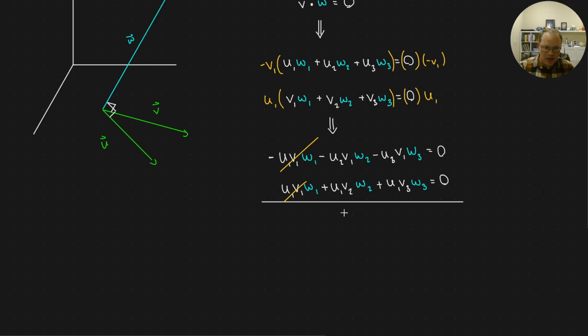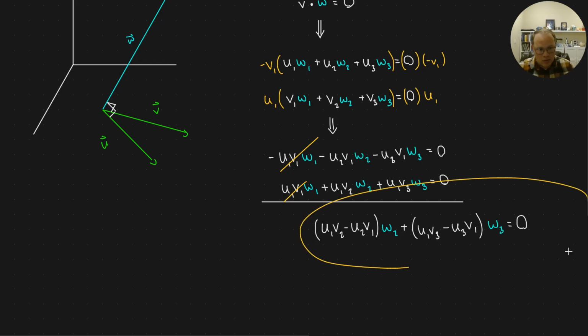If I add these up, they'll have the common variable W2, and the coefficient will be U1 V2 minus U2 V1, W2, plus, and then add these up, U1 V3 minus U3 V1, W3 equals 0.